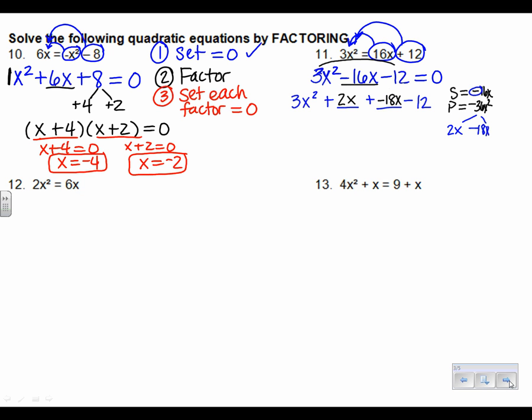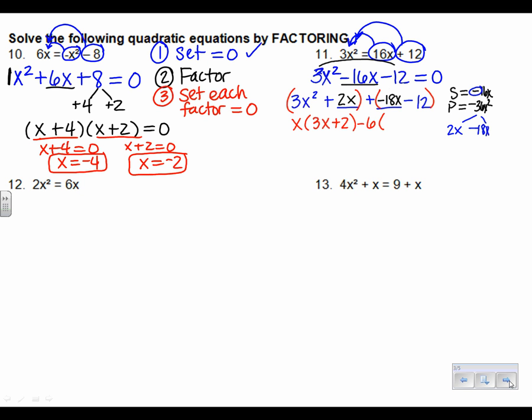Now I group them together. The first group has a GCF of just x, and I'm left with 3x plus 2. The second group has a GCF of 6. And because both of them are negative, I want to pull out a negative 6.